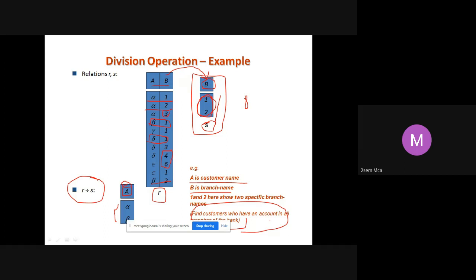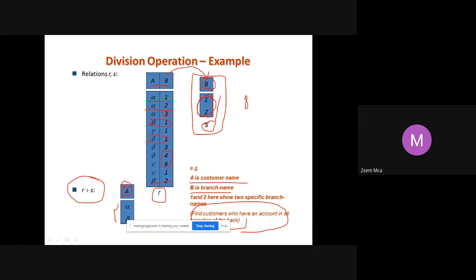Is this example clear to you all? What is division? Any doubts, ask me. I'm just summarizing. You have a relation R, we have a relation S. R is a table, S is a table.